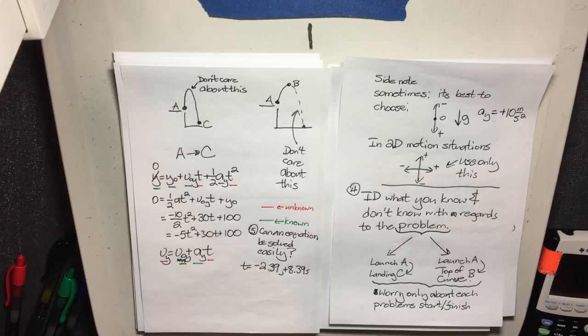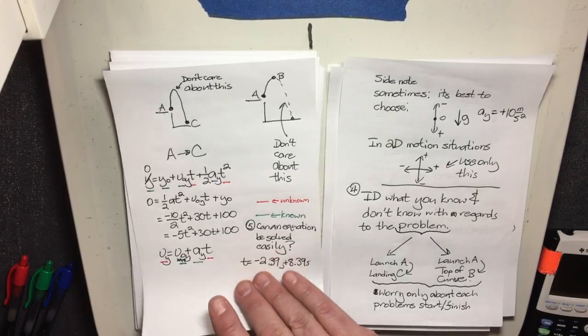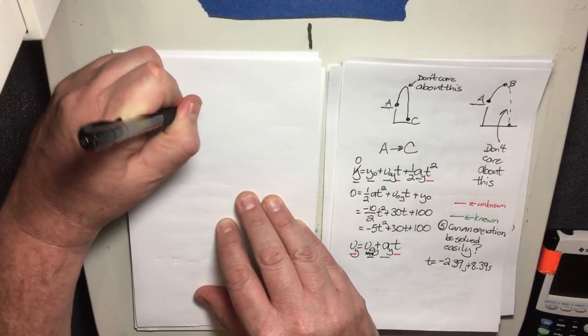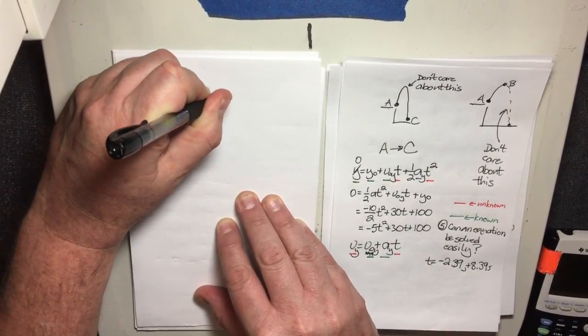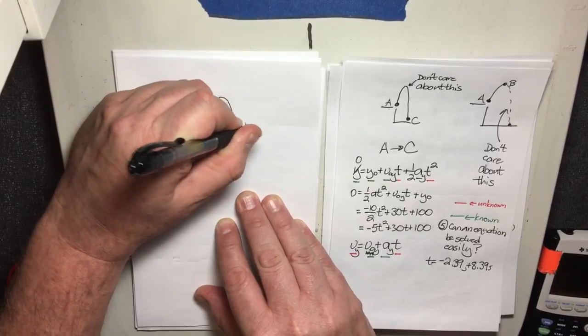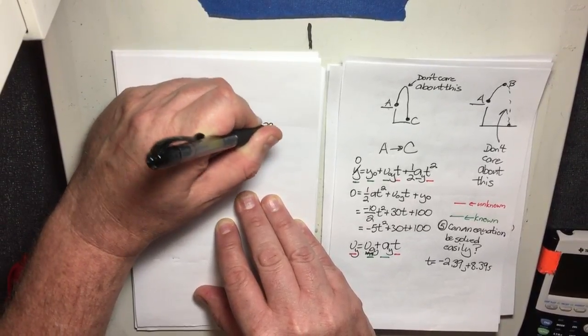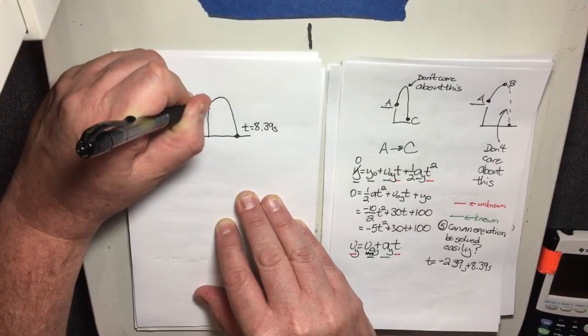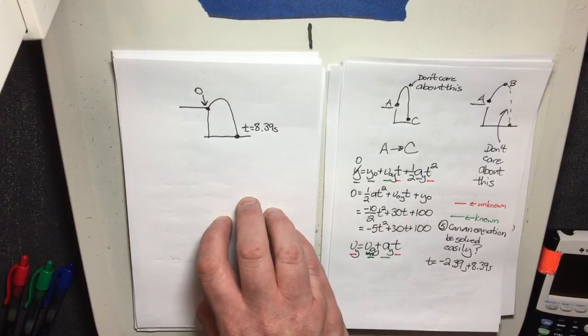So we've got two solutions. We've got a negative time and a positive time. Which one do we use? We use positive. Negative doesn't quite make any sense. Positive does. So the answer that we need is 8.39. Let me tell you why the quadratic solution came up with a negative time. Mathematically, you set that point to be where time is equal to 0.